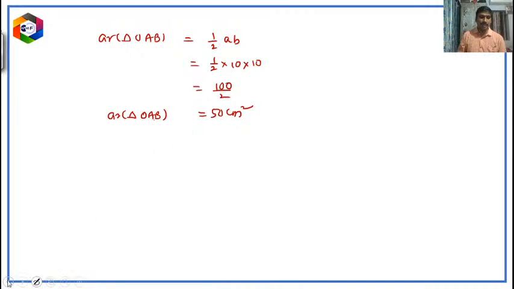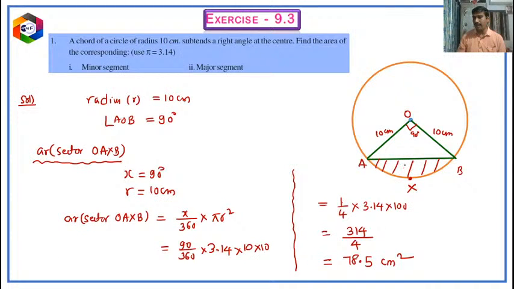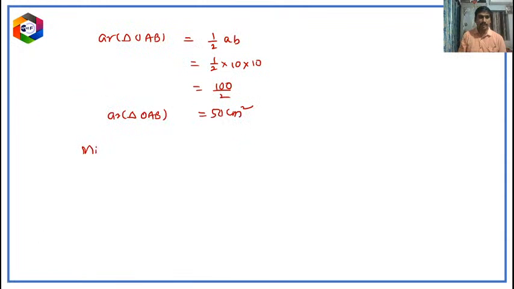Now we have to calculate actually this minor segment area. So from the total sector area, if we remove this triangle area, you will get it. So the minor segment area is equal to sector area minus triangle OAB area.